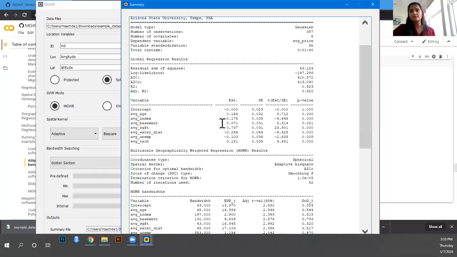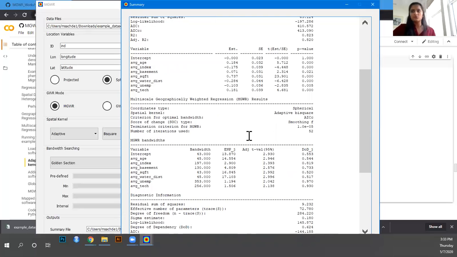These are all standardized, so it's relative. You see, average square feet has the highest coefficient, which means that 1 square footage of increase in living area would cause the house price to go up by 0.7. But the biggest limitation here, of course, is that it is saying that would happen all across King County, while we know that's almost never the case.